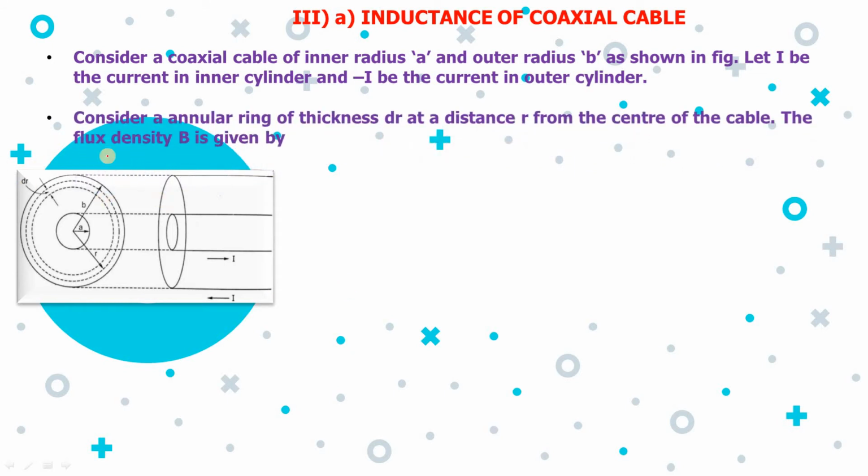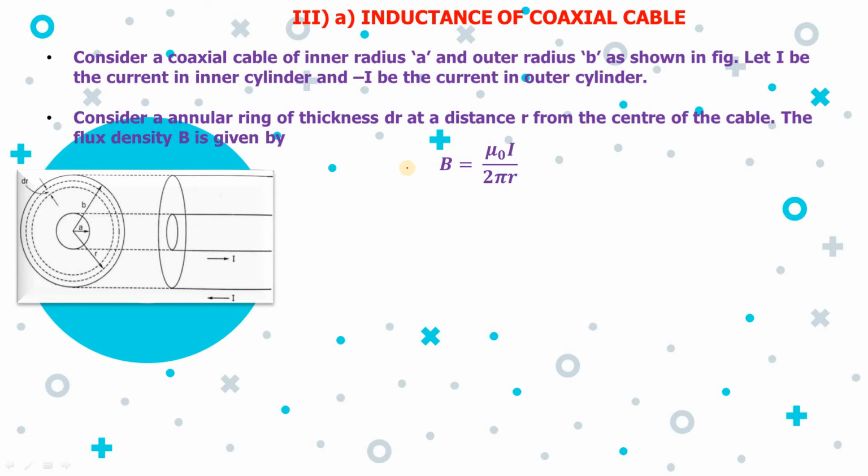Now consider an annular ring of thickness dr at a distance of r from the center of the cable. So the flux density B is given by, we know very well the H due to a long conductor. This coaxial cable is similar to the H due to a long conductor, so we can take the H due to a long conductor as an example here.